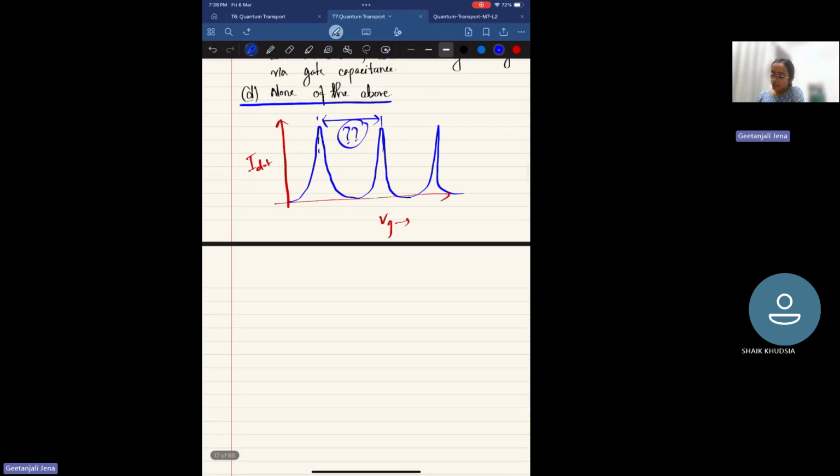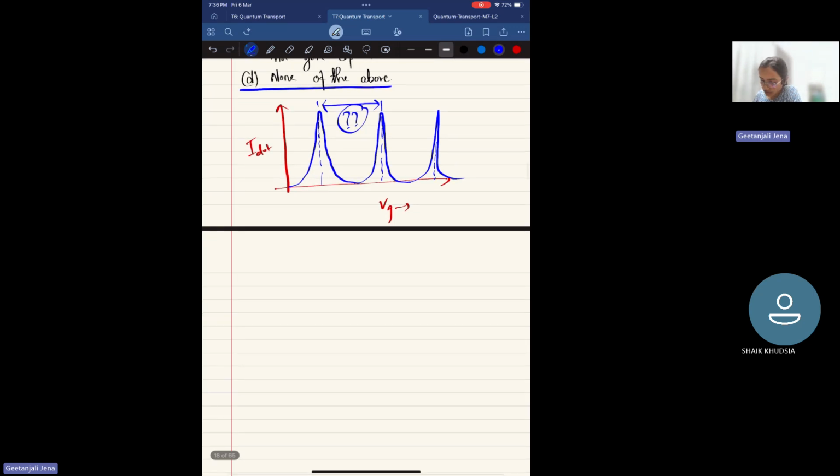Okay, so if we recall this conductance peak, we will see this conductance peak whenever the energy of the n state matches with the energy of the n plus 1 state. That means the electronic state is aligned with the charge degeneracy point.